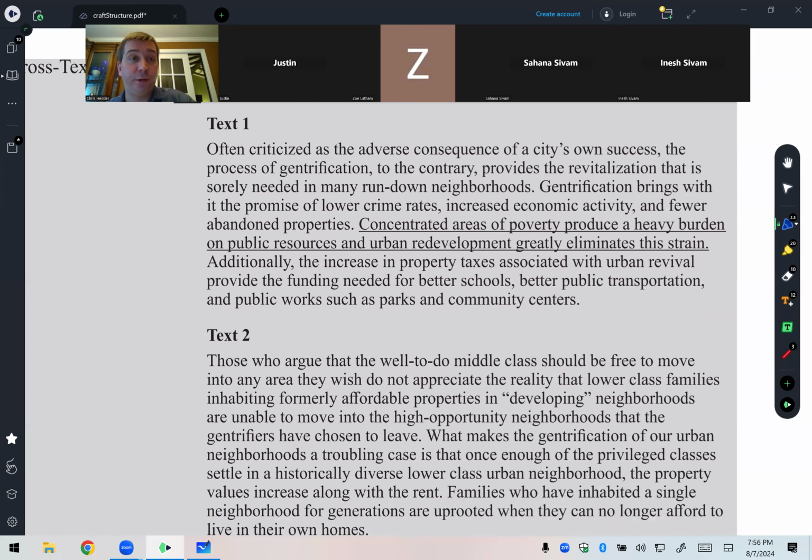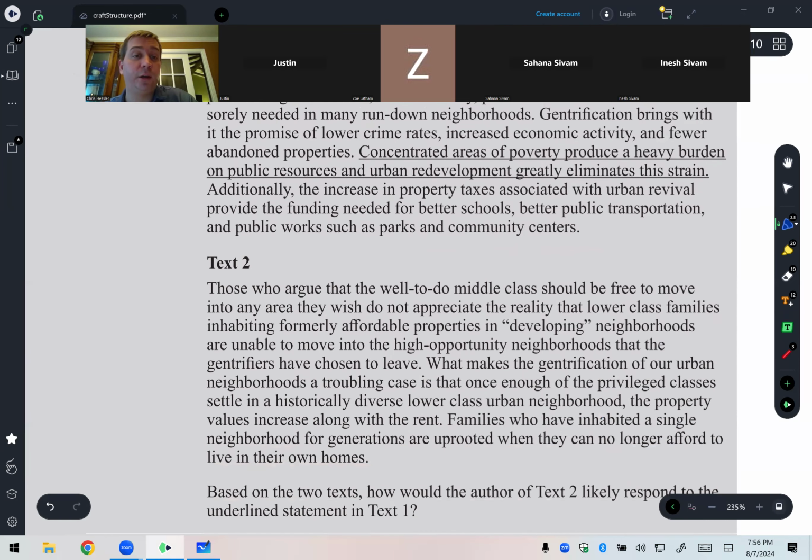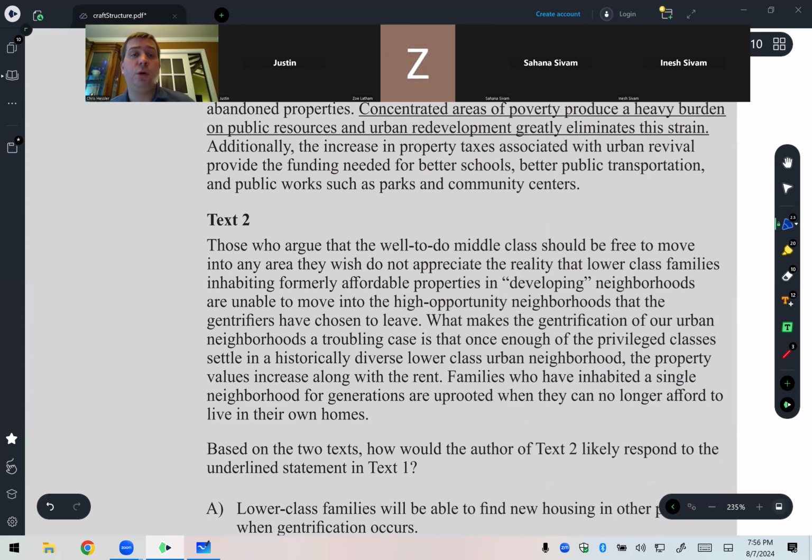So that's what our first author says about gentrification. Let's see what our second author says. Those who argue that the well-to-do middle class should be free to move into any area they wish do not appreciate the reality that lower-class families inhabiting formerly affordable properties in developing neighborhoods are unable to move into the high-opportunity neighborhoods that the gentrifiers have chosen to leave.